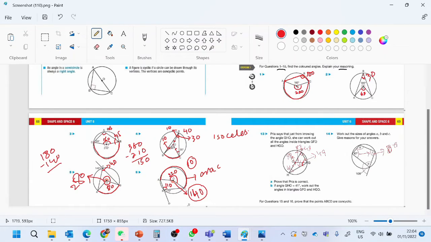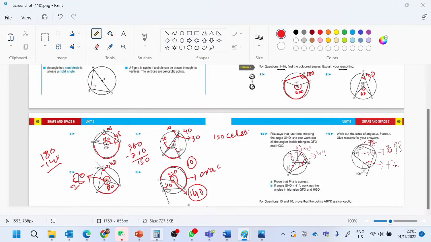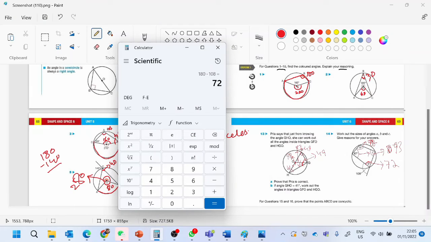And then if this angle is 108, that means this angle should sum up to 180. So 180 minus 108 gives us 72. It should be equal to 180.